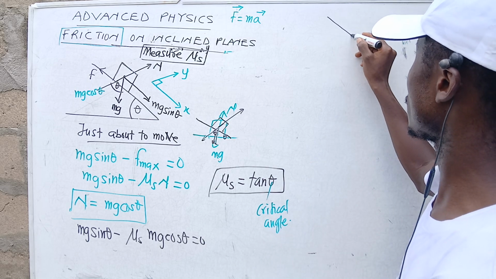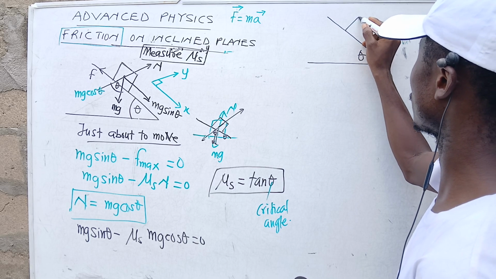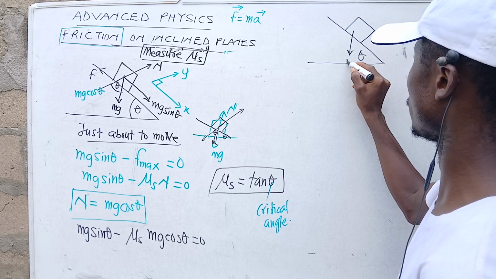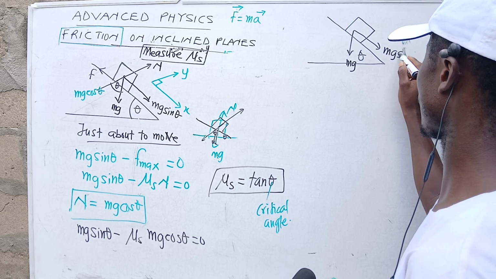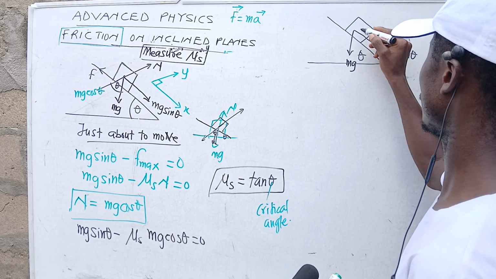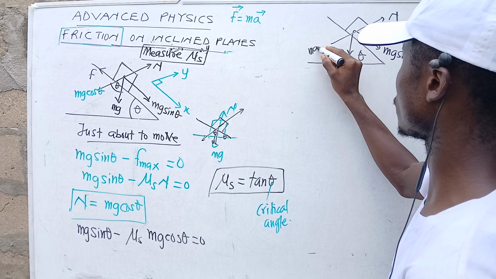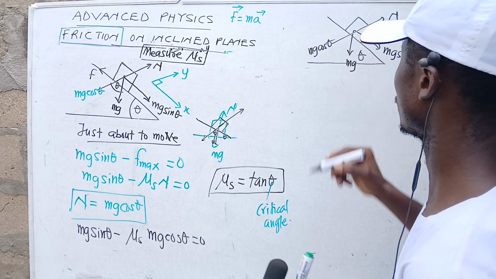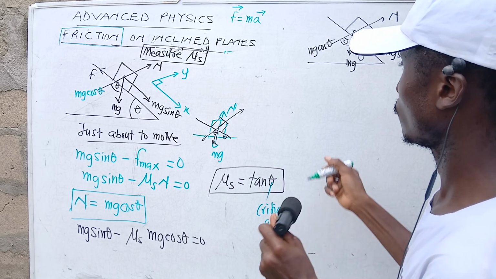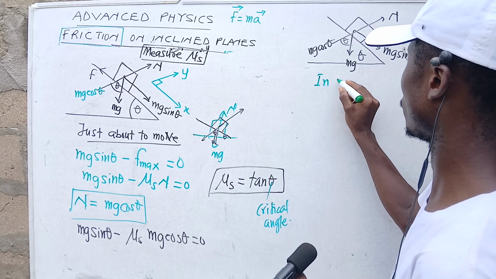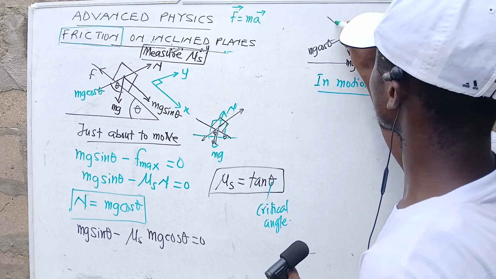Now, the same case, but this time round, this is mg, this is mg sine theta, and this is a normal reaction, and this is mg cosine of theta. And of course, this is theta too. Okay. Now in motion, this is a frictional force.